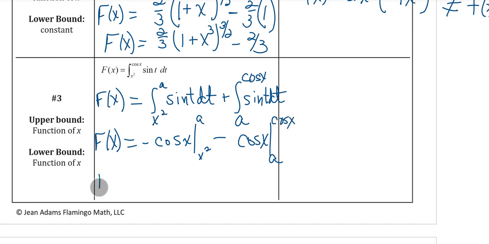And simplifying this, we're going to get f of x is going to be minus cosine of a plus cosine of x squared. And then the next one, we're going to have minus cosine of a.